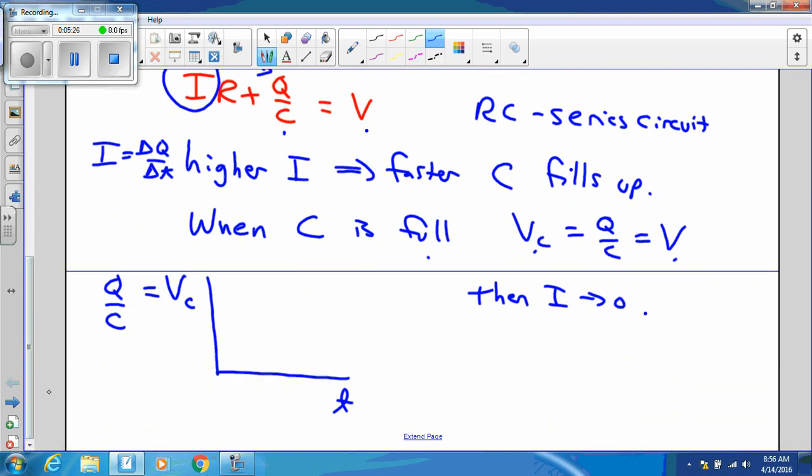When you measure that voltage drop across the capacitor, assuming that it is initially uncharged, my capacitor is completely empty, and because my capacitor is completely empty, current is going to flow quickly, and my capacitor will start filling quickly.